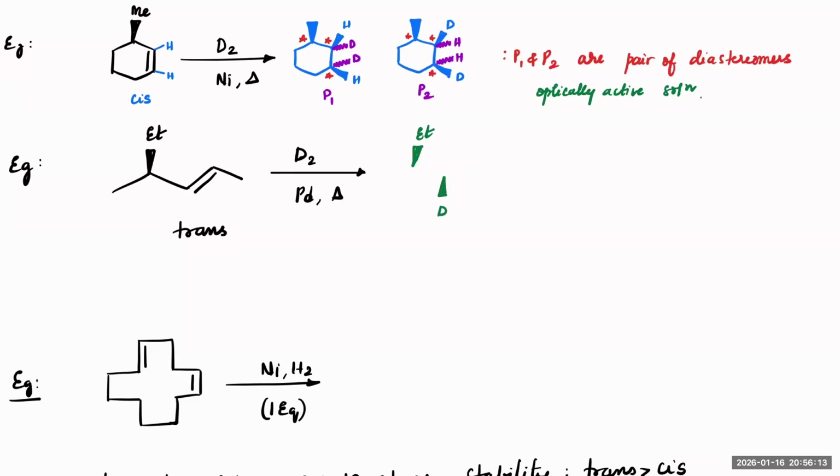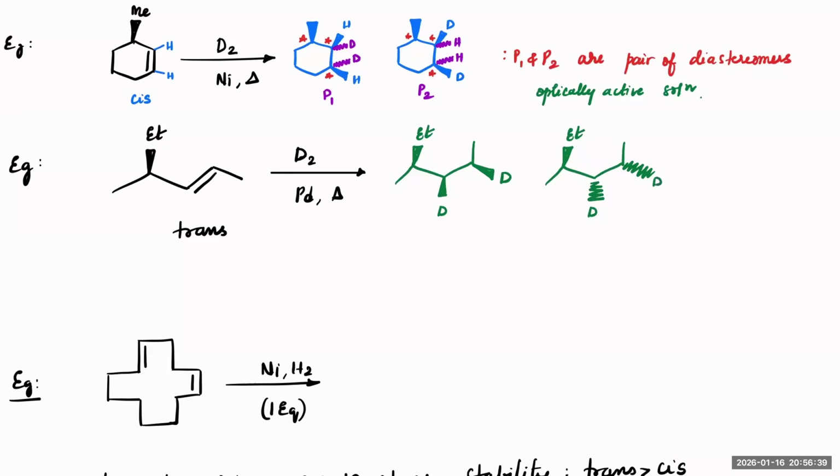Like this, they both are adding in the same direction. This is one product I can expect, or I can say both the deuteriums are adding in such a way that they are inside, like this, because I need to showcase that there is a syn addition in both of them.